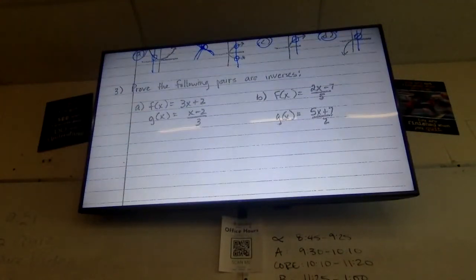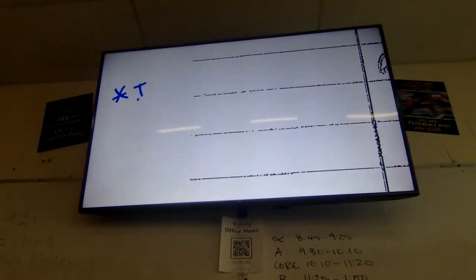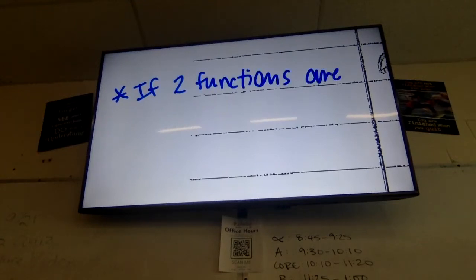Okay, next one, it says prove the following pairs are inverses. I need to give you a little bit of background information. In order for them to be inverses, so if 2 functions are inverses, then their compositions will equal x.